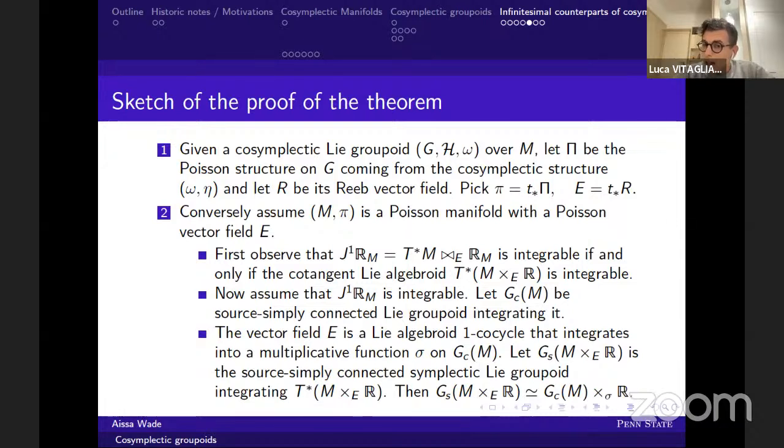Something similar happens for contact structures, but in that case you need a degenerate closed form on the gauge algebroid with values in the line bundle itself.